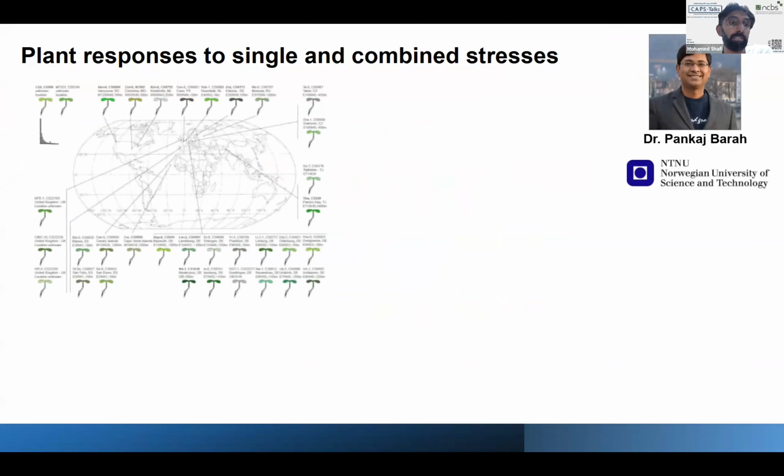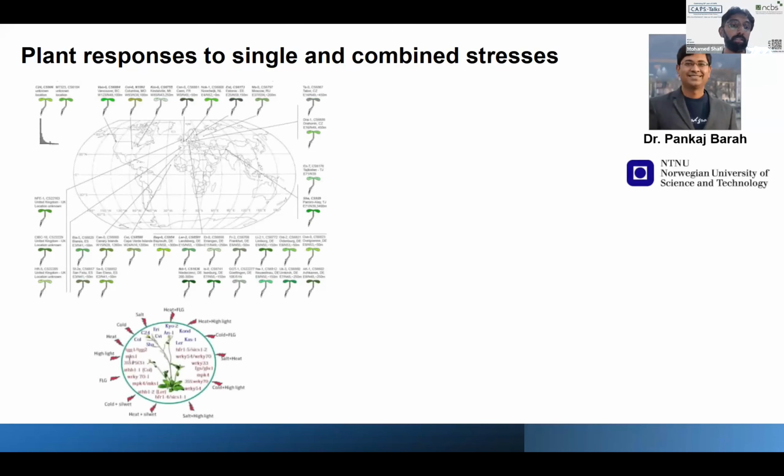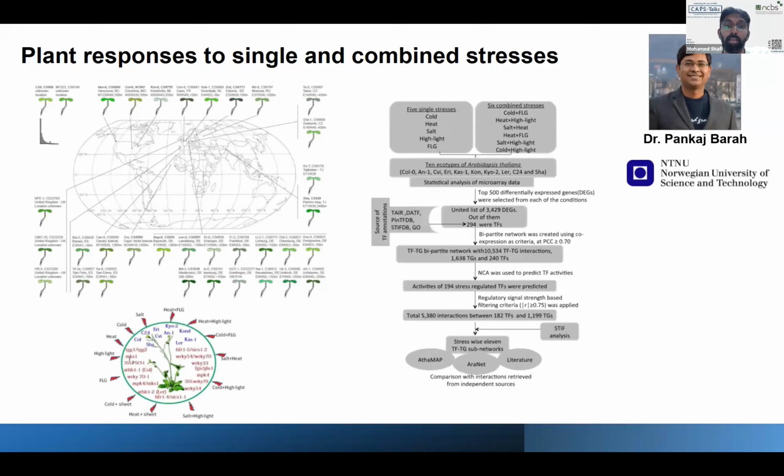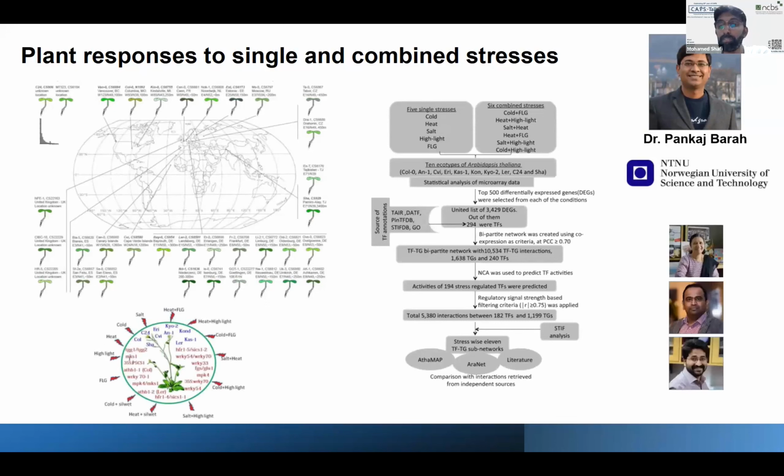He has looked at several ecotypes of Arabidopsis thaliana collected from throughout the world, and at single and combined stresses. He collaborated during his doctoral studies with the core team of StiffDB, and he has done some Stiff analysis to study his combined stress. So we will hear from Dr. Pankaj Bara regarding this work. Please, Pankaj Bara, you may share the screen.